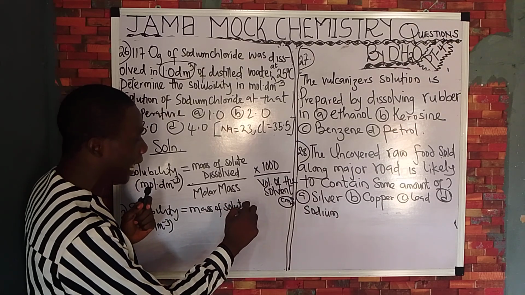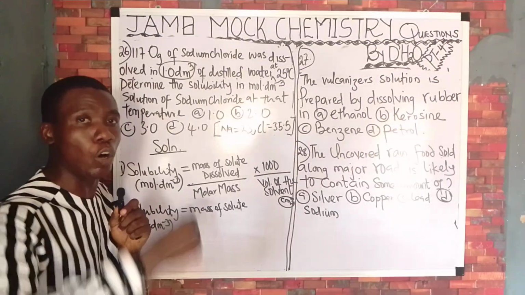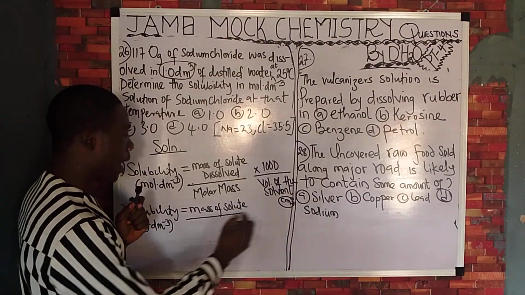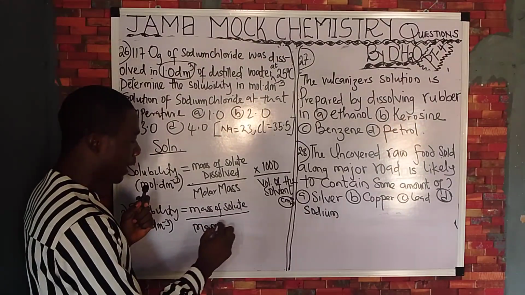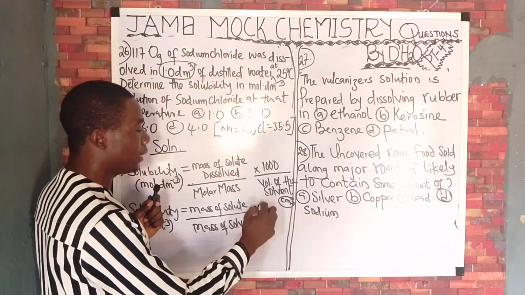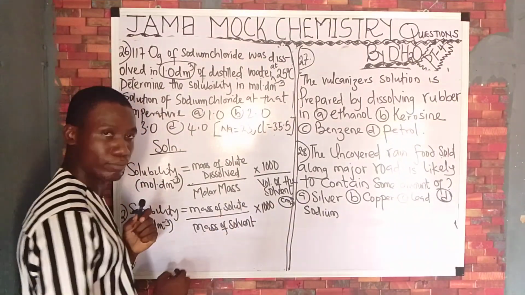Please write this formula down so that you can use it to solve subsequent problems in your exam: mass of solute over mass of solvent, times 1000.